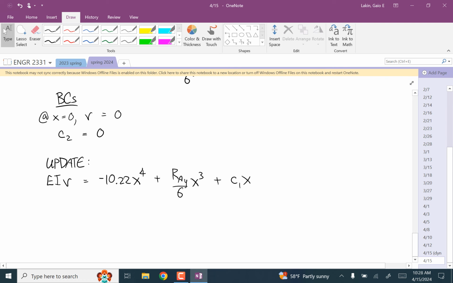Now our second boundary condition says at x equals 2, let's do the deflection prime first, is equal to 0.